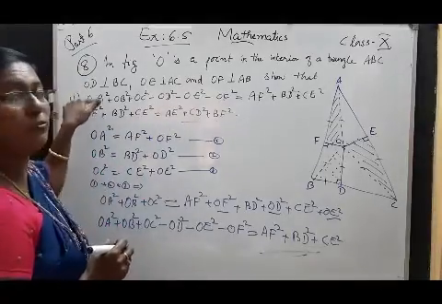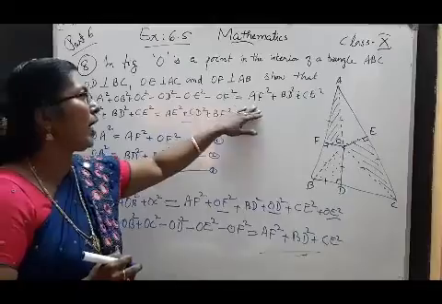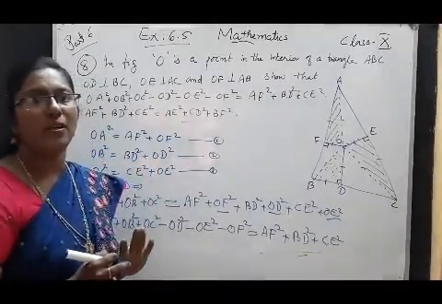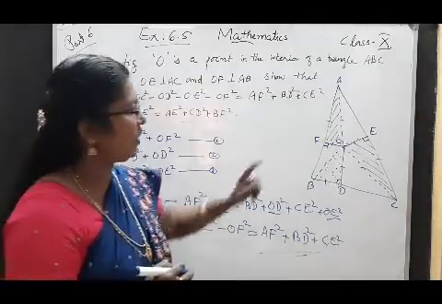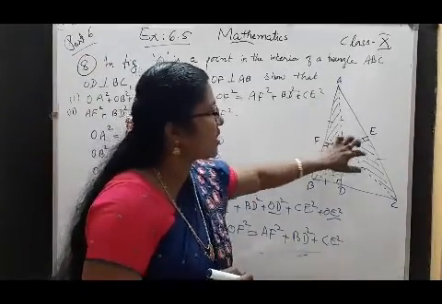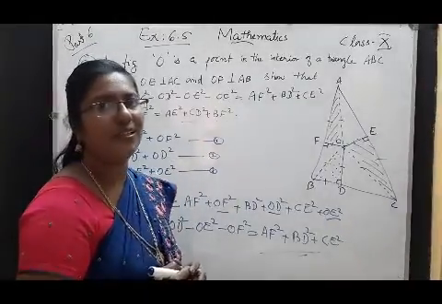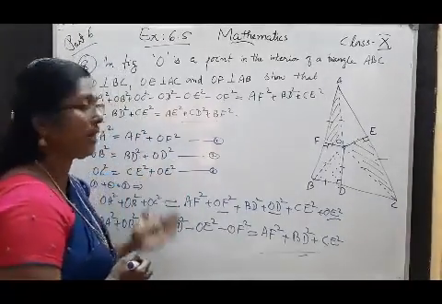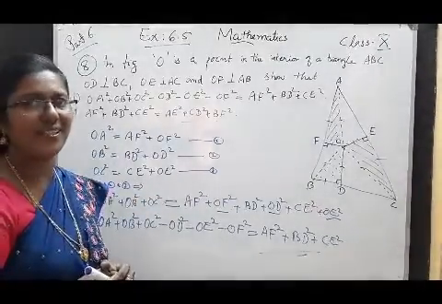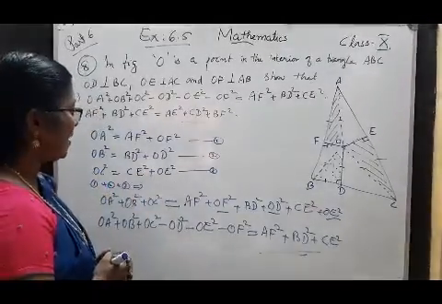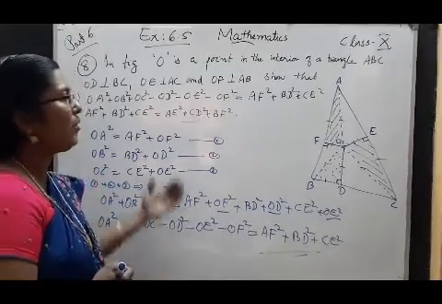For the first proof we want only OA, OB, OC, OD, OE, OF, AF, BD, CE. So take the triangles including these sides. After that, shade these 3 triangles needed to prove the first part. Then by using the Pythagoras theorem, write the hypotenuse square equals the sum of the squares of the other 2 sides. Adding these and transposing these 3 to the left side, you get the answer.